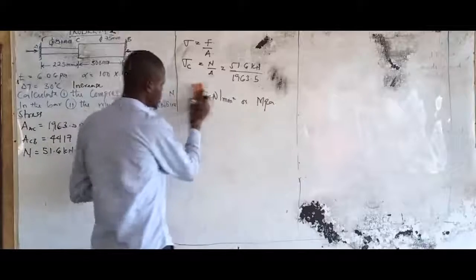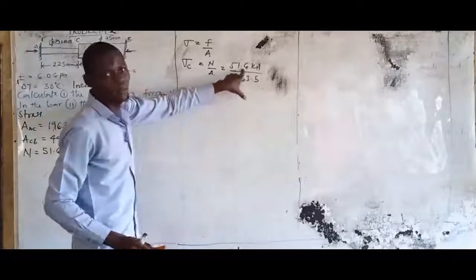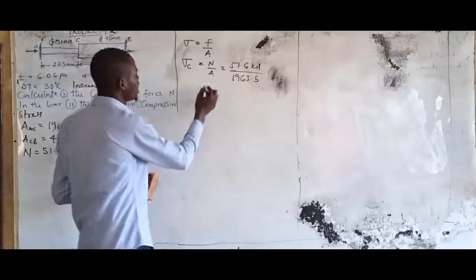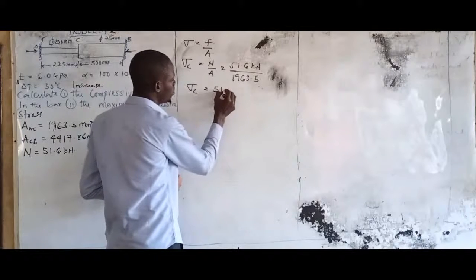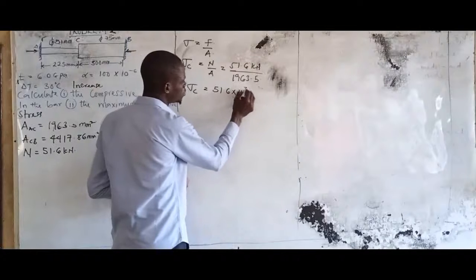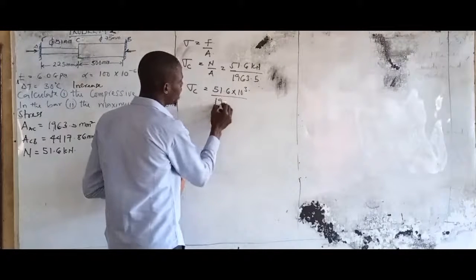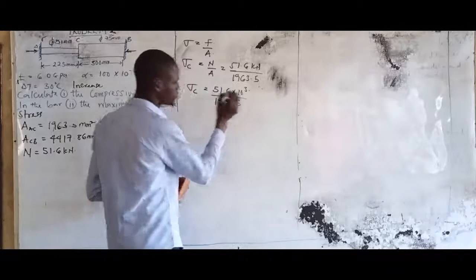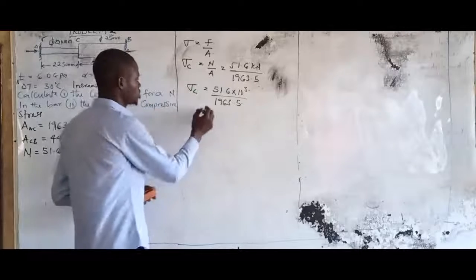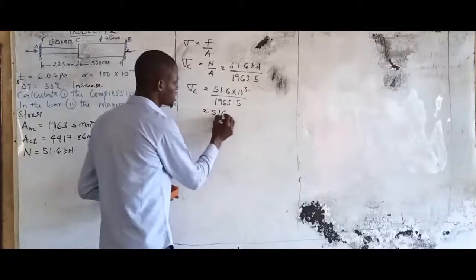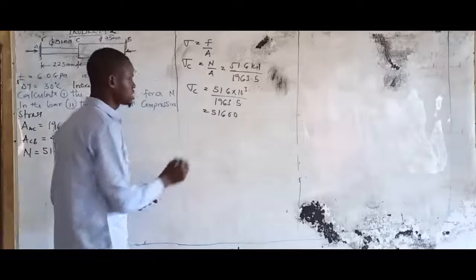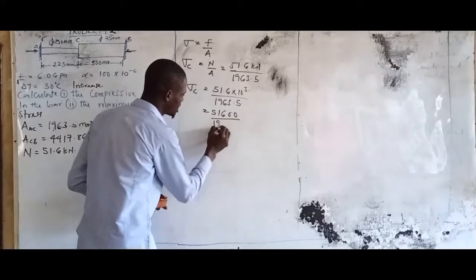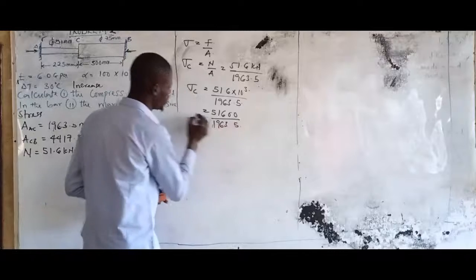I can convert the force back to Newton, so sigma C is equal to 51.6 times 10 to the power 3 over 1963.5, which is 51,600 divided by 1963.5.